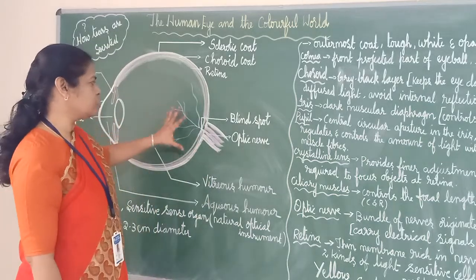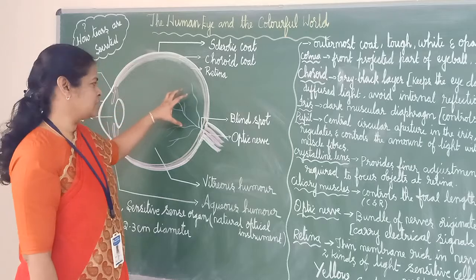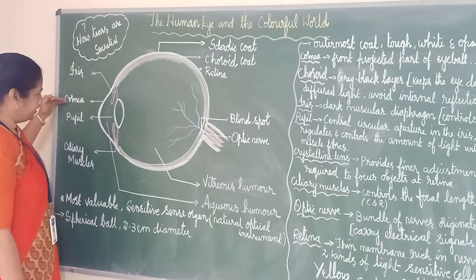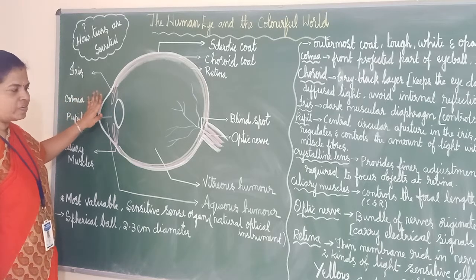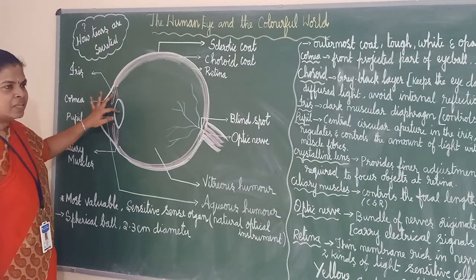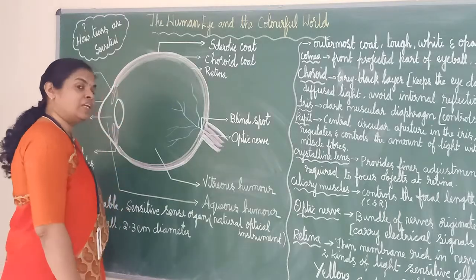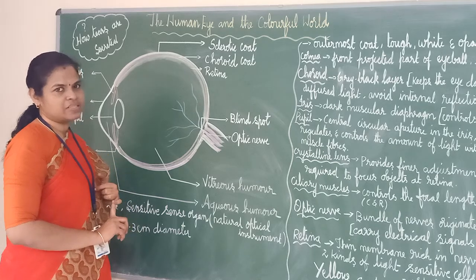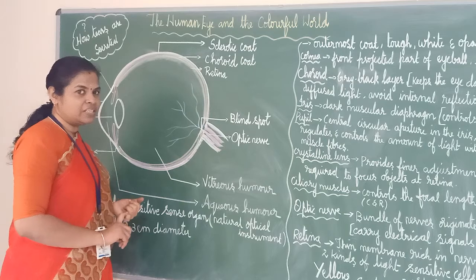See, I have shown the nerves also. What is happening in the retina? Light will enter through the pupil, the adjustments you will study later, and then through the lens, the image will be seen on the retina. What kind of image will be seen? We have studied real images, and a real image is inverted.